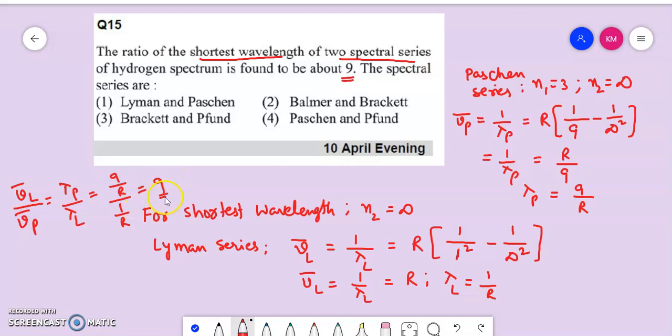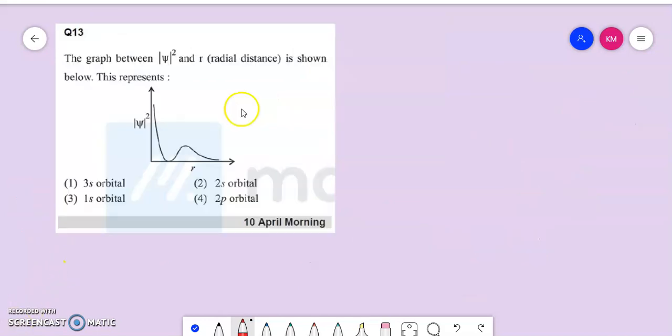So the ratio is almost equal to 9, and the two spectral series are Lyman and Paschen. So option 1 is the correct answer. Hope you understand, children. Okay, let's move on to the next question.